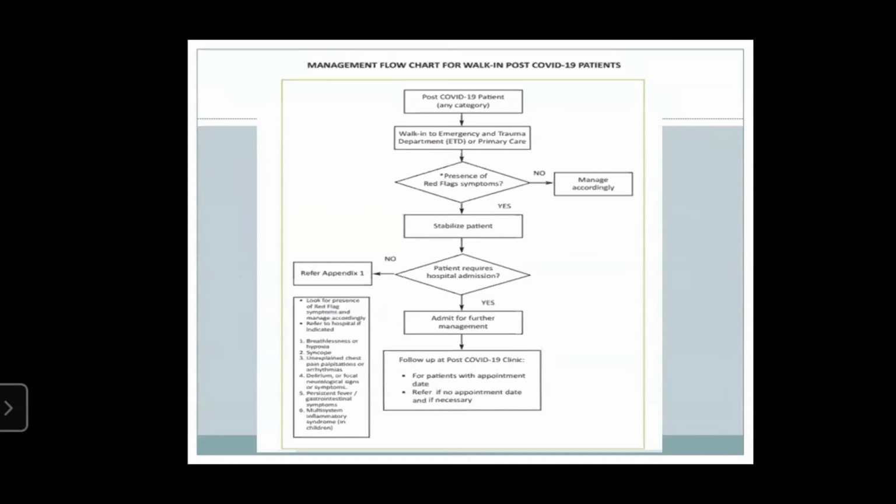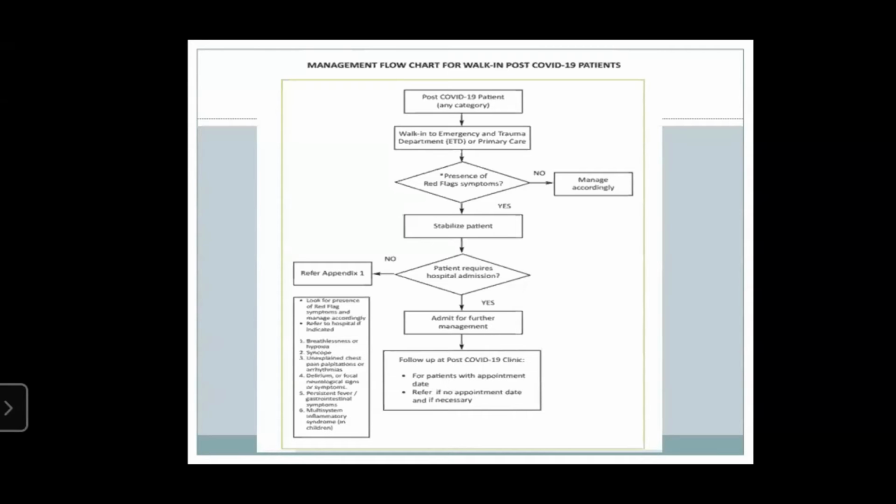So here we can see the flow chart. This is a management flow chart for walk-in post-COVID patients, from the Post-COVID-19 Protocol Management, first edition 2021. If any post-COVID-19 patient of any category walks into the emergency department or primary care, we have to establish whether there are any red flag symptoms.